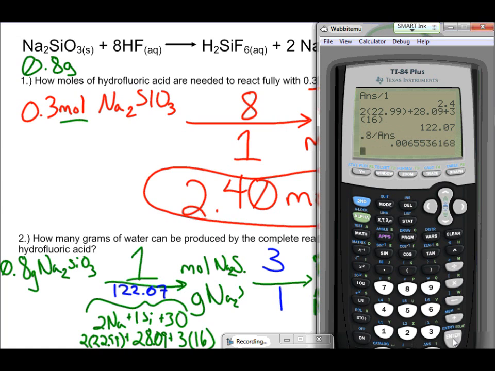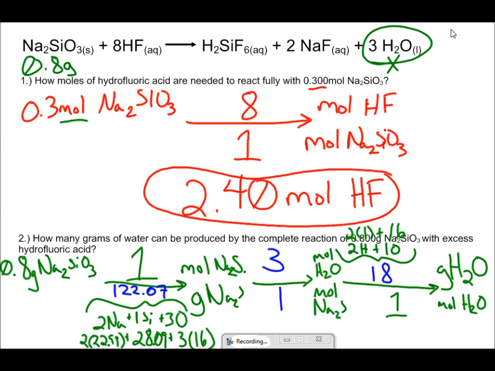That's how many moles of sodium silicate I have, times 3 divided by 1 gives me 0.019, times 18, because that's the molar mass of water. And I get 0.3538 grams of water.